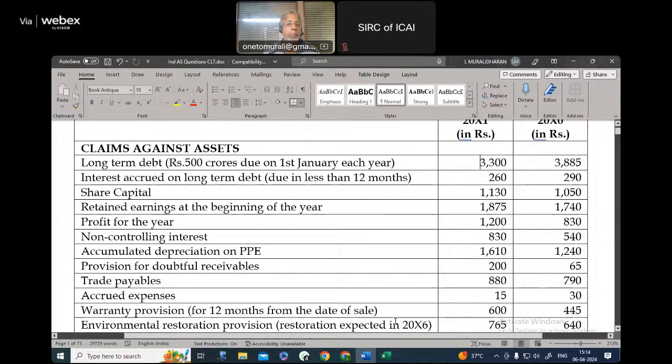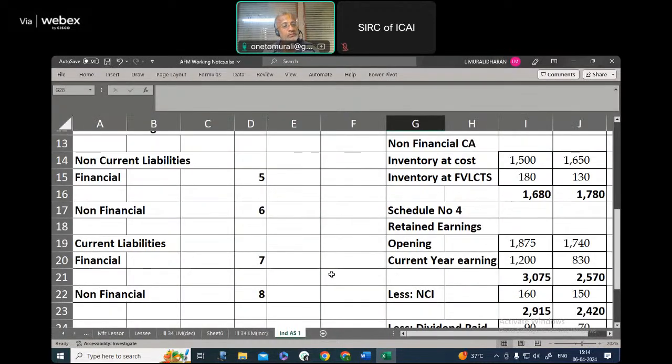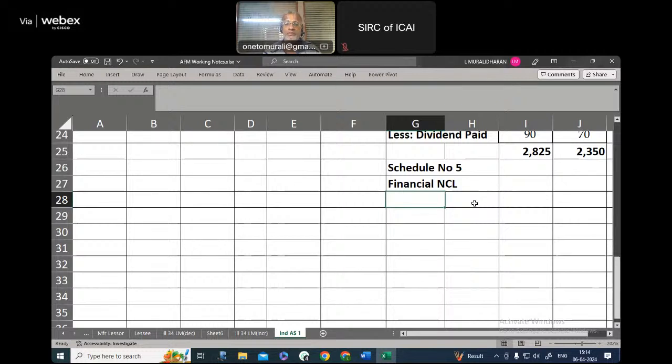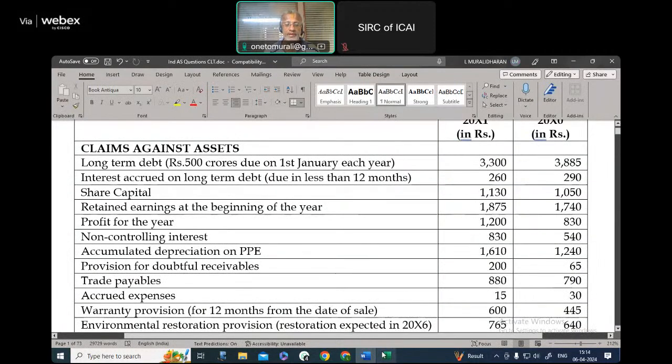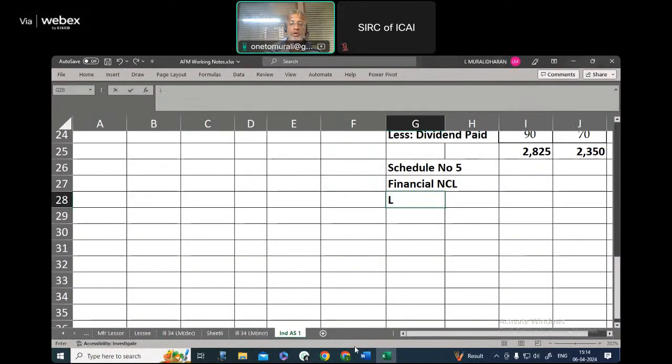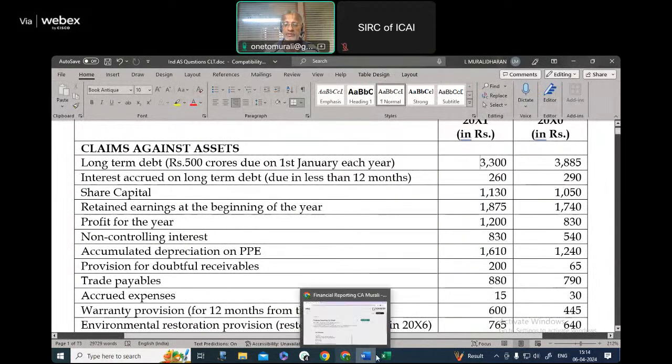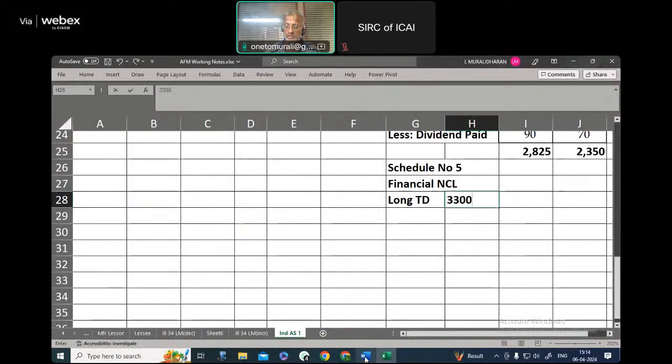Where we have long-term debt. Long-term debt. So we have 3,300 less current 500.